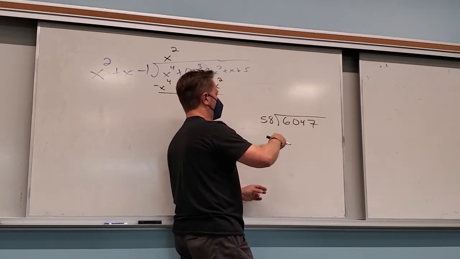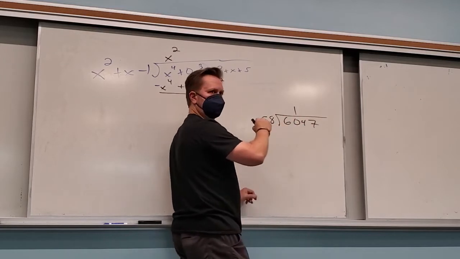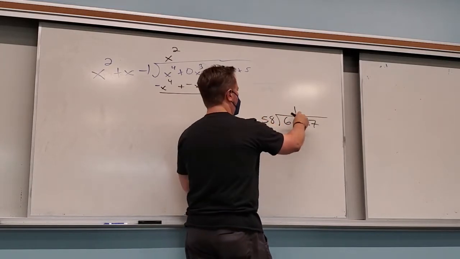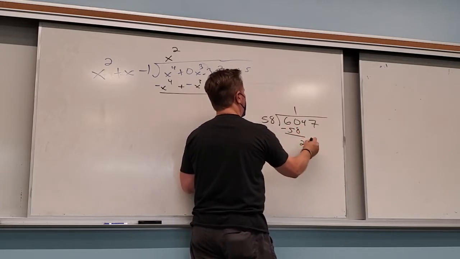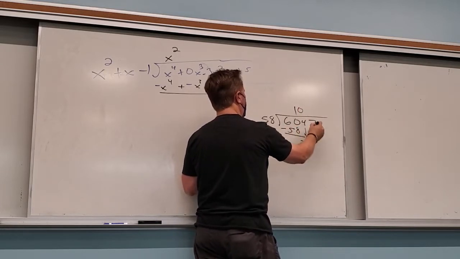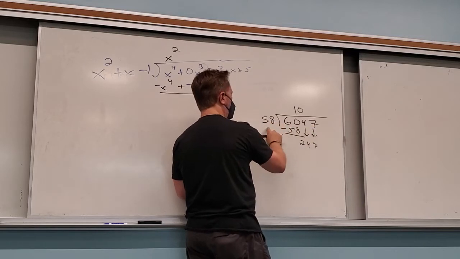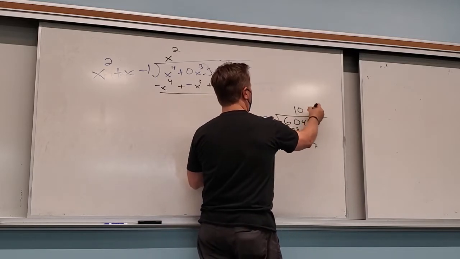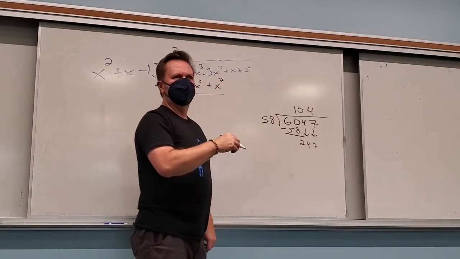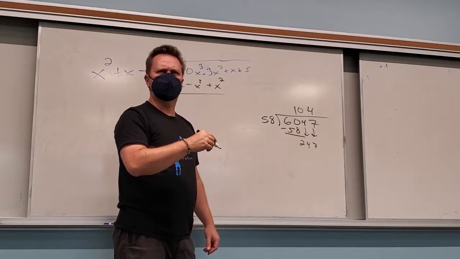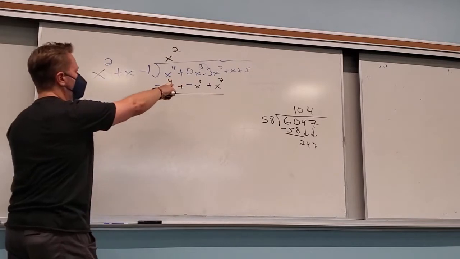So when this goes once, and then you just multiply, and then we change the sign. Then you bring down the 4. In this case, I also have to bring down the 7, and then 5 goes into 24 about 4 times. That might not work. Let's see. Oh, it will. Yay. So we're doing the same stuff here.